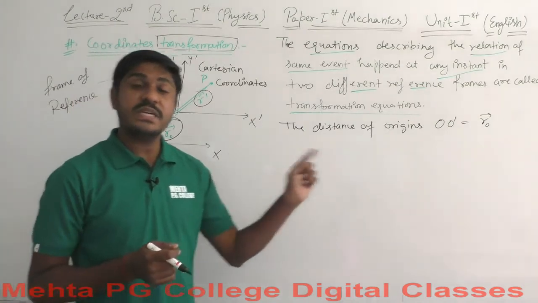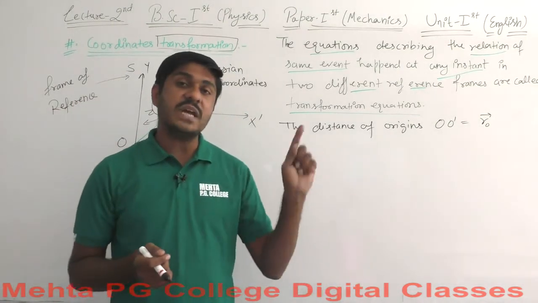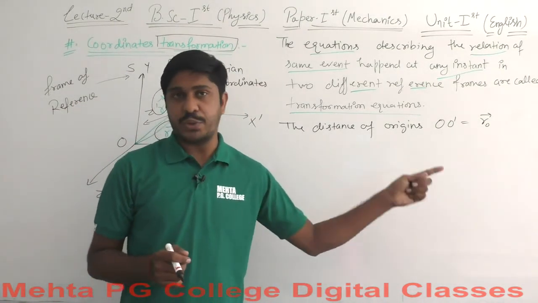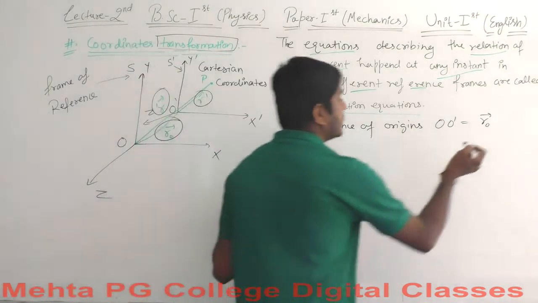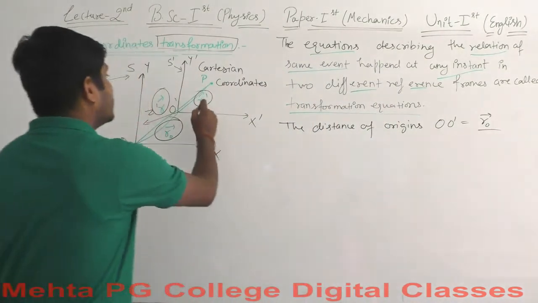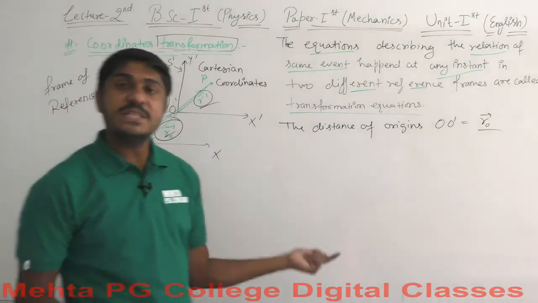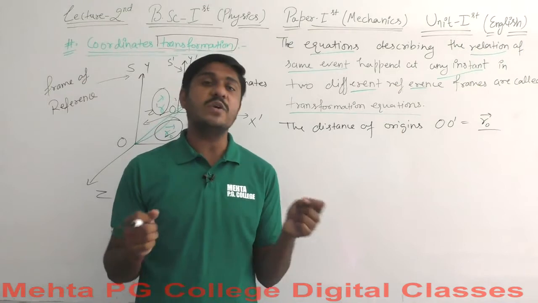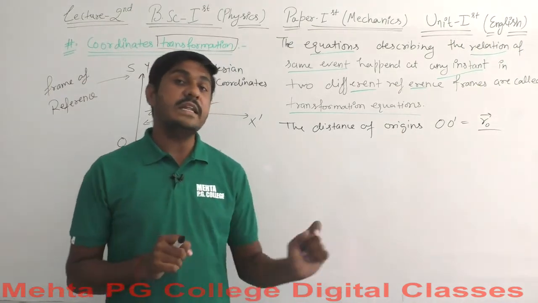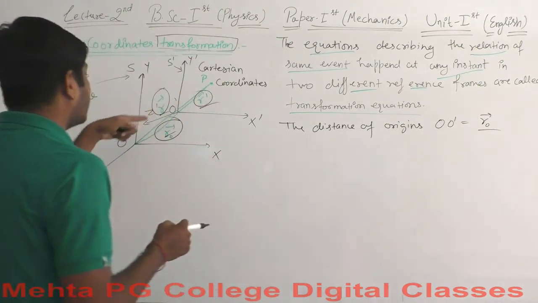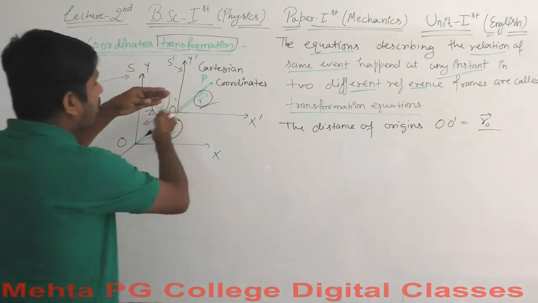So now we are going to find out the relation between R dash, R and R naught, because all these three are subject to the displacement vector. So what kind of relation could we have?